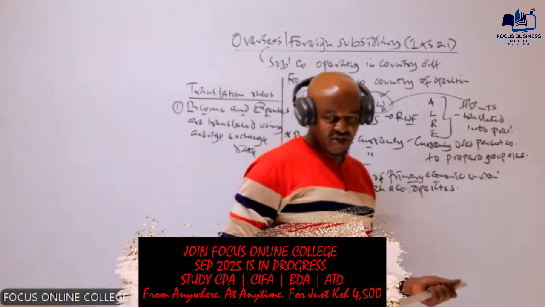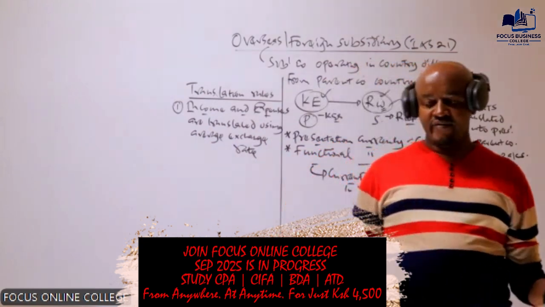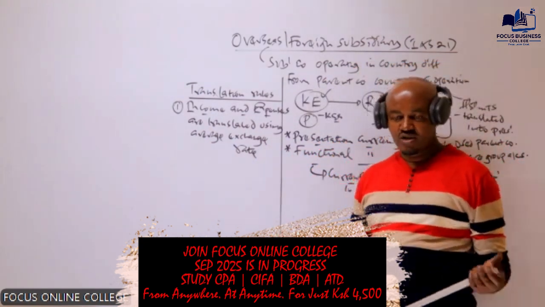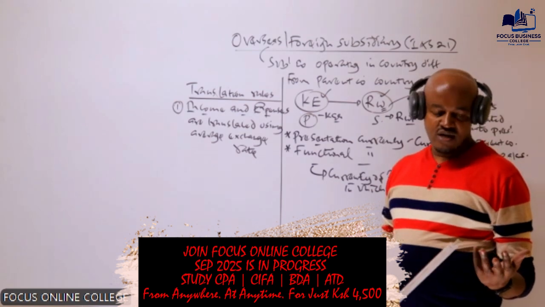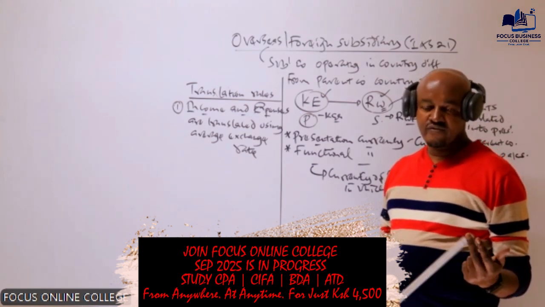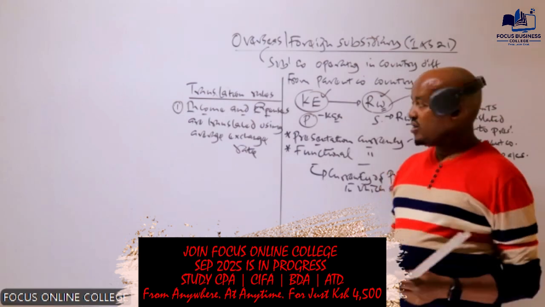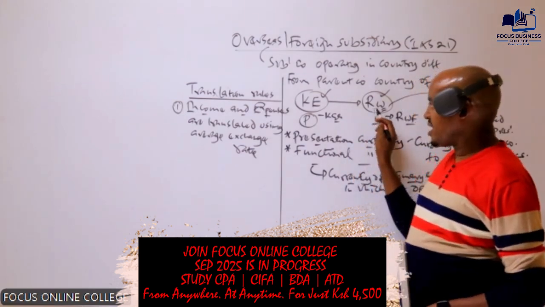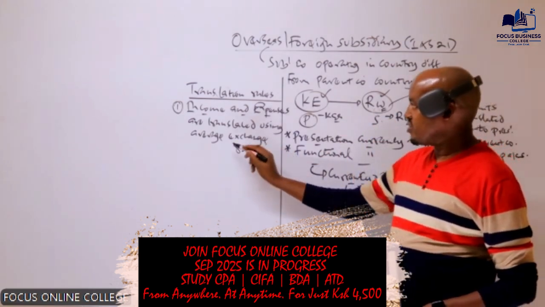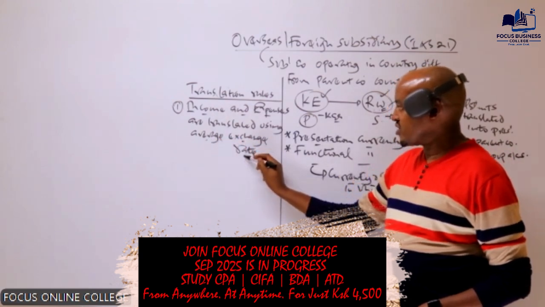Because in most of these questions on foreign subsidiaries, you will usually be given three exchange rates: the exchange rate at the start of the year, the exchange rate at the end of the year, and also the average. So we translate incomes and expenses of this foreign subsidiary using the average exchange rate.